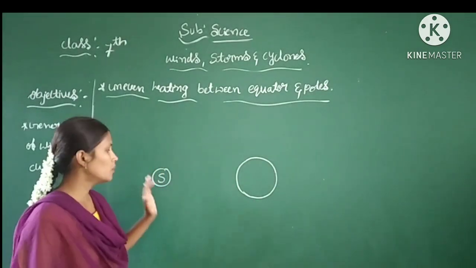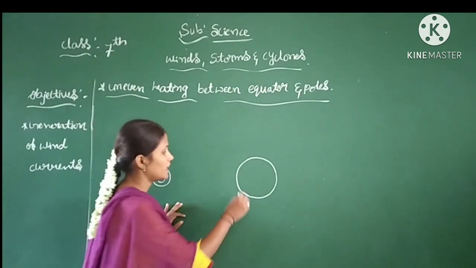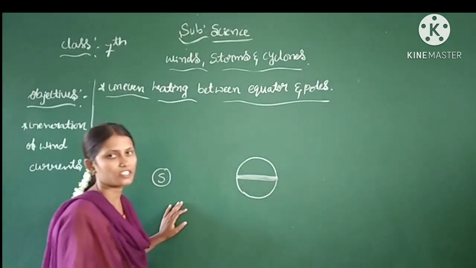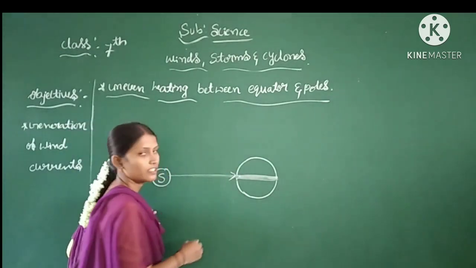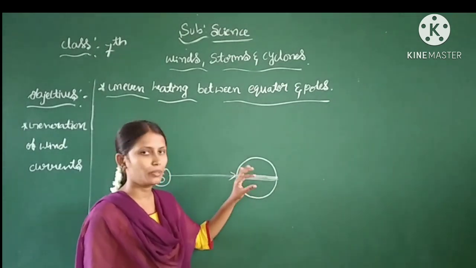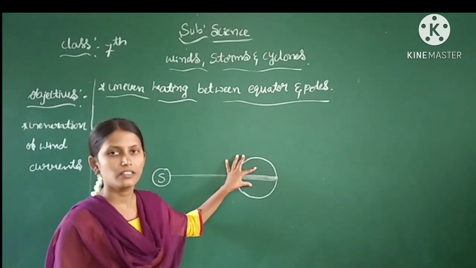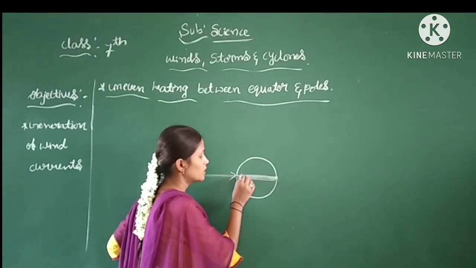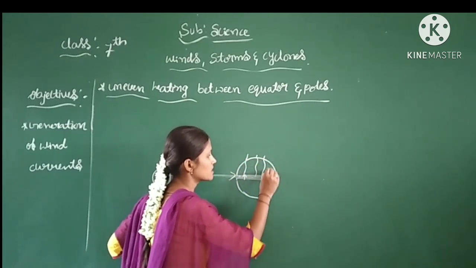As we know, when sunlight falls on the earth, the equator receives the maximum heat energy because the sun rays fall directly on it. So the air present at the equator absorbs this heat energy and rises up.